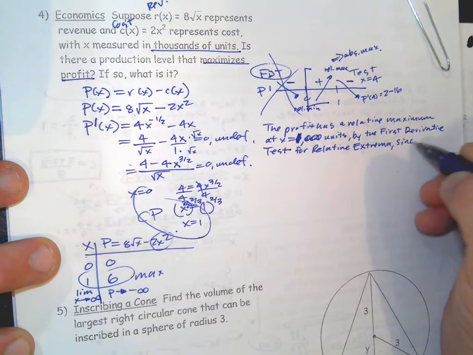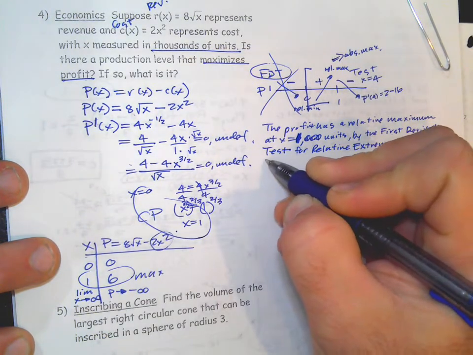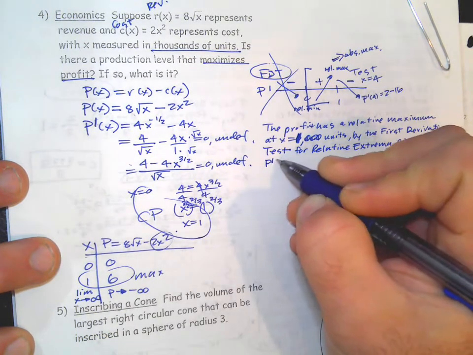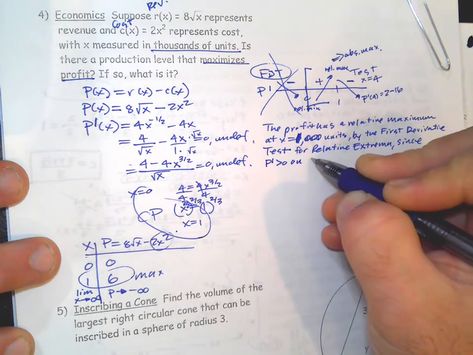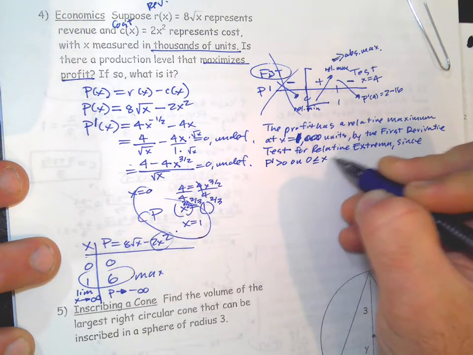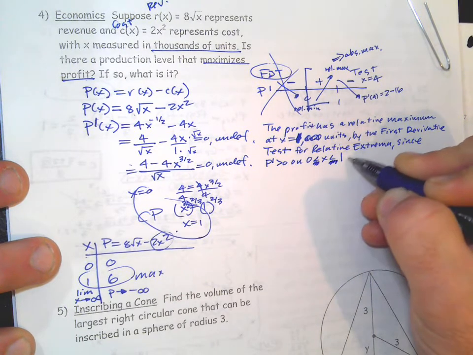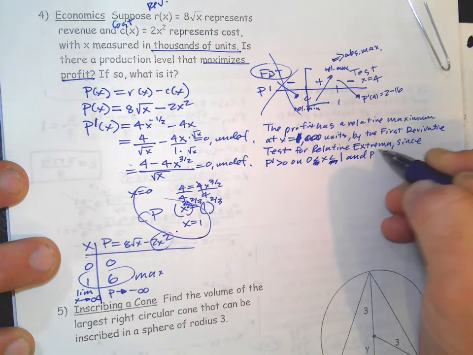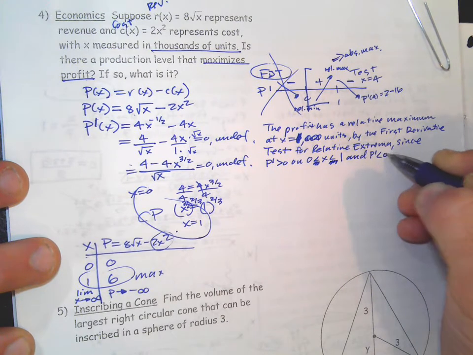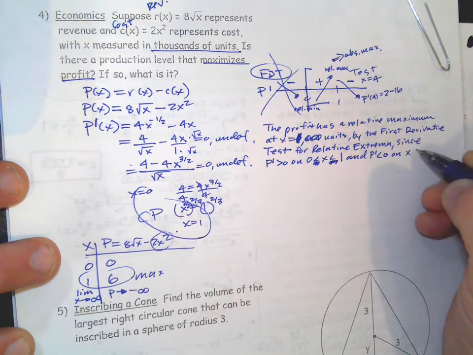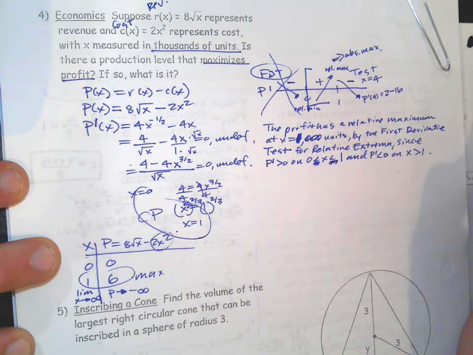Since P prime was positive on 0 to 1, and P prime was negative on x greater than 1. Okay.